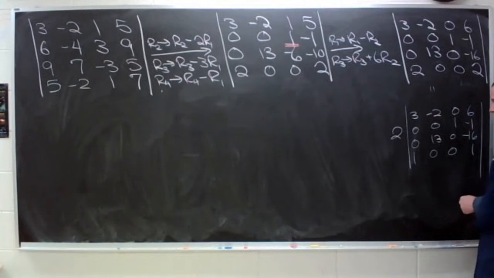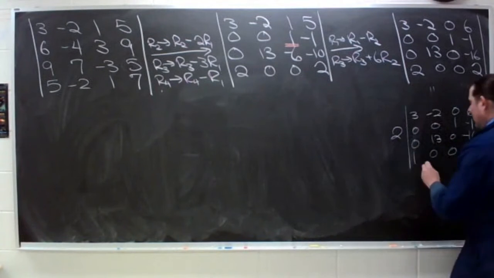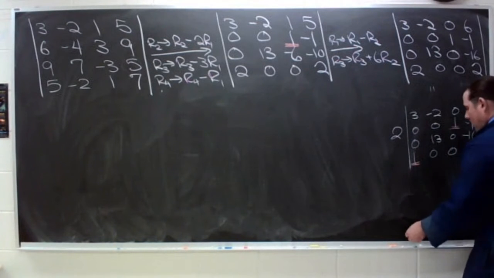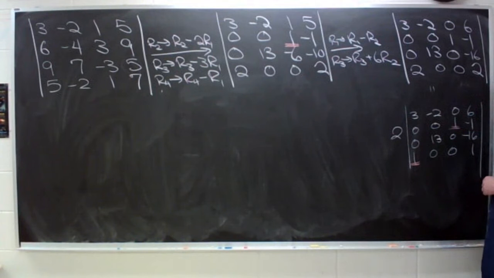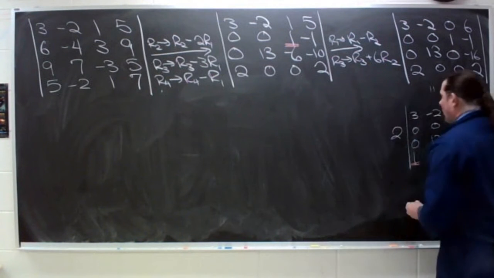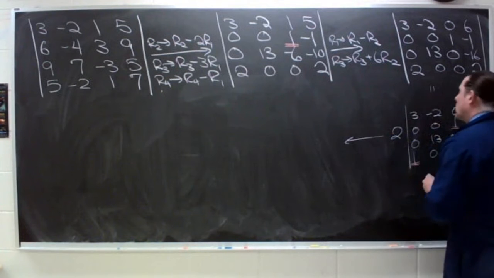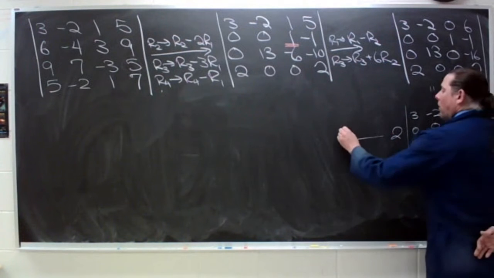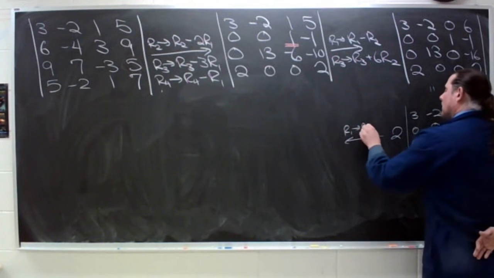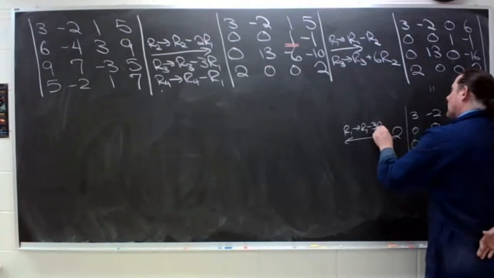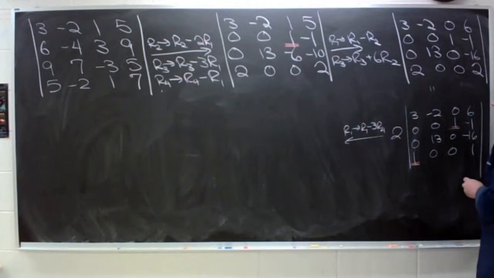And now what I'm going to do is use that as a pivot to clear its column. All right? So I'm going to do row 1 goes to row 1 minus 3 row 4.